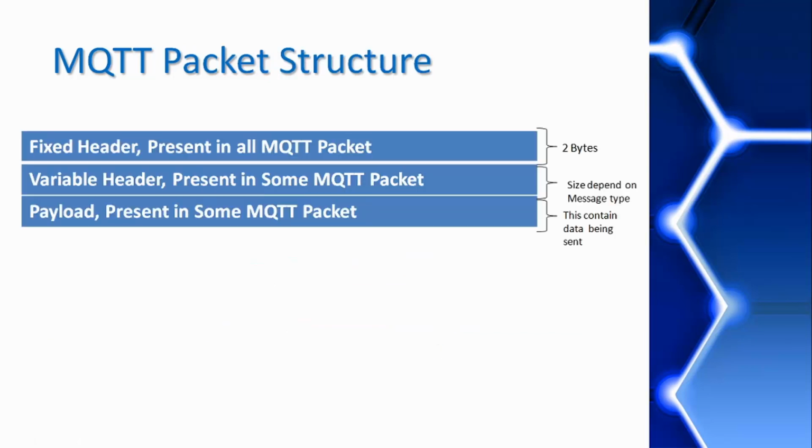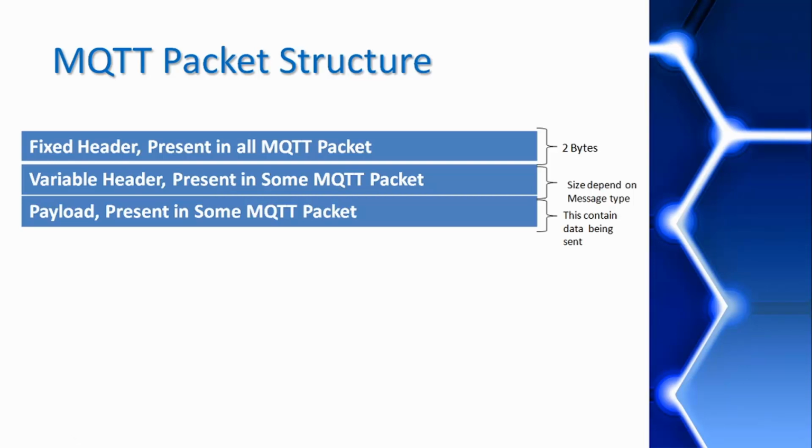Now, let's see the MQTT packet structure, or in general terms, the MQTT message format. The MQTT packet consists of a 2-byte fixed header, which is always present in a message, a variable header, which is not always present, and a payload, which is also not always present.